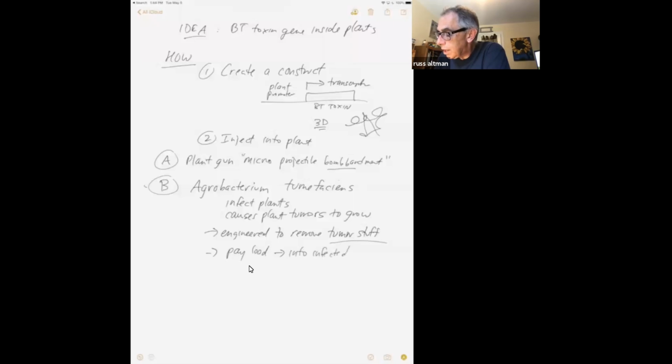And of course, the payload is our construct way up here, circled, that has the BT toxin. So you can get a plant, use agrobacterium to infect that plant, and then you will have the plant with this BT. So those are the two ways to get it in. And then you can imagine that there are more complicated things you have to do if you want this BT to be passed on to future generations of the plant, which they figured out.